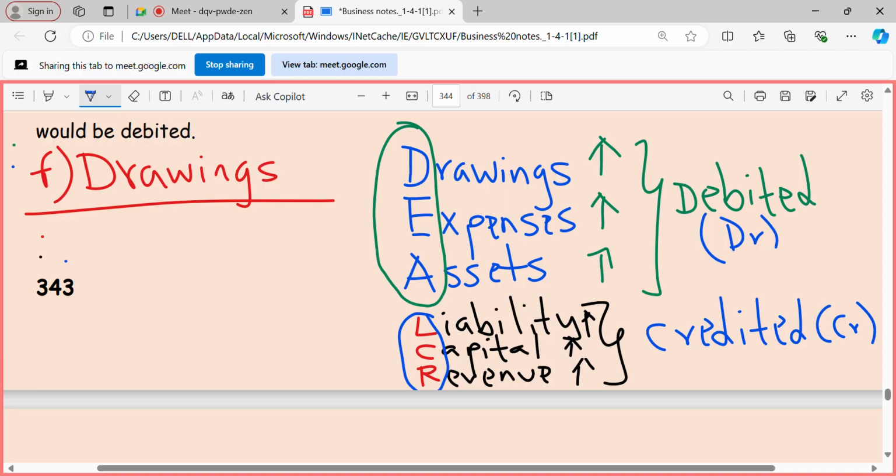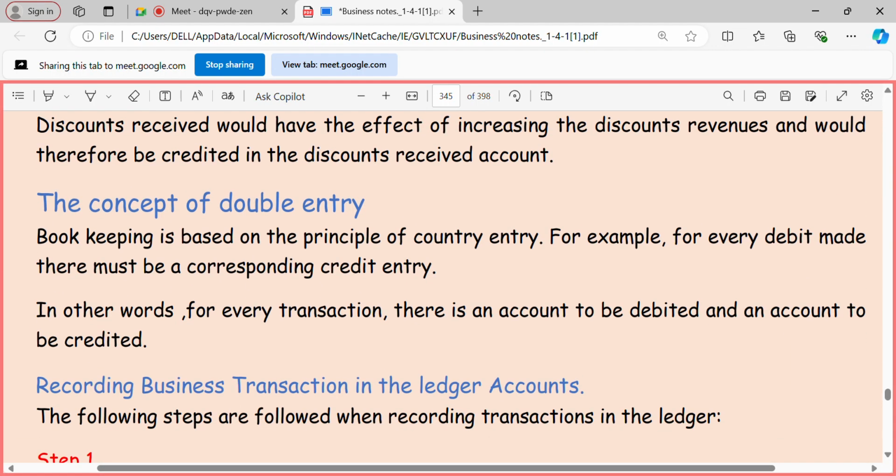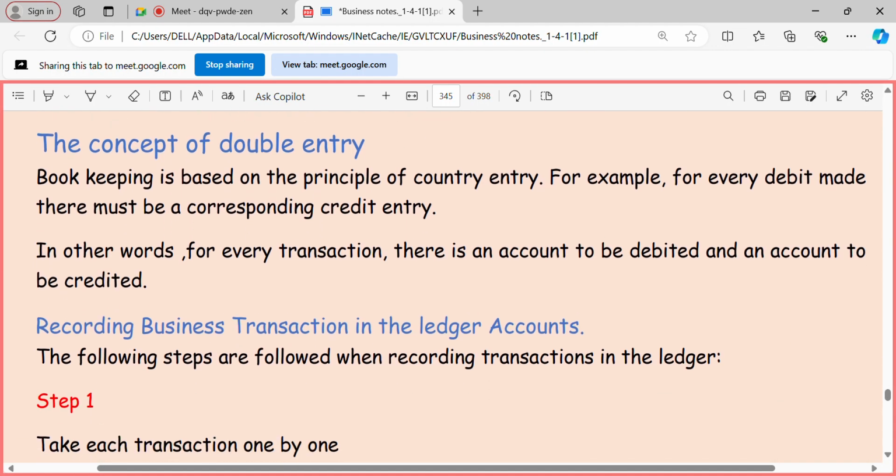DEA ni increase you debit, LCR increase you credit. So the DEA and the LCR, you can never miss it. Unless if you have a question. Now I've given you the formula of mastering the laws, or rather the rules of ledger. That is how you master it. You can never forget about it.